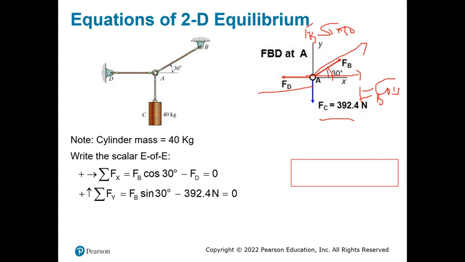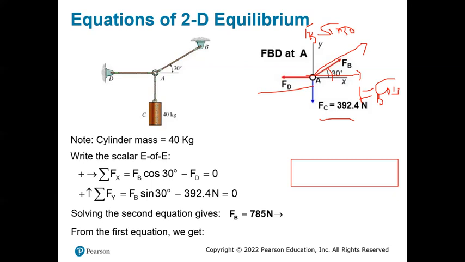Now I need to find FB and FD, the forces that should act on my cable to keep my particle in equilibrium. So I solve these simultaneous equations. Then I get FB as 785 Newton and FD as 680 Newton. You can ask how we solve that. This is a simultaneous equation. You can directly plug it in a calculator and get it, or else you can get the FB from here.